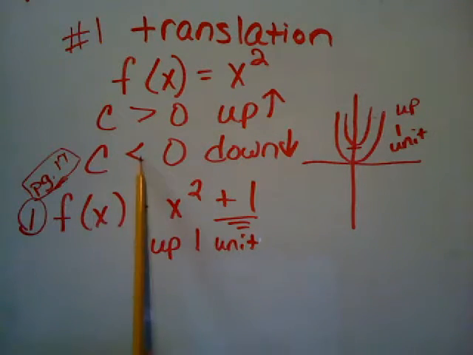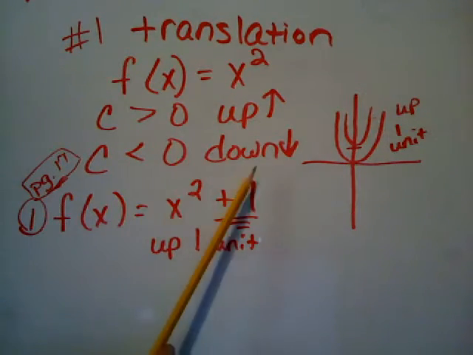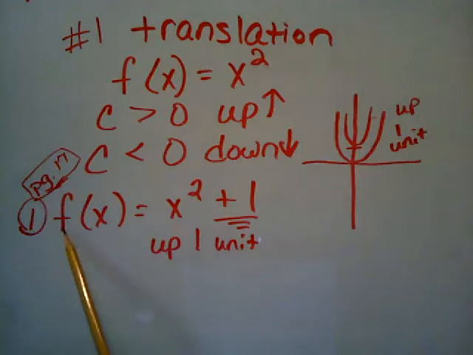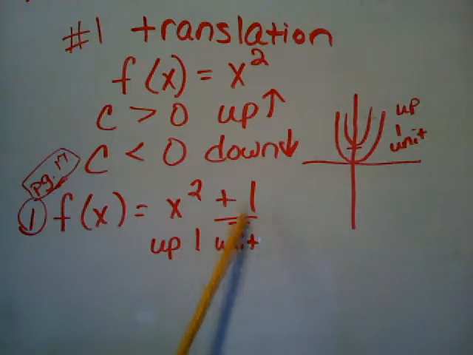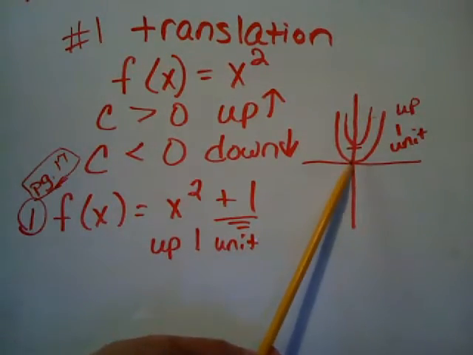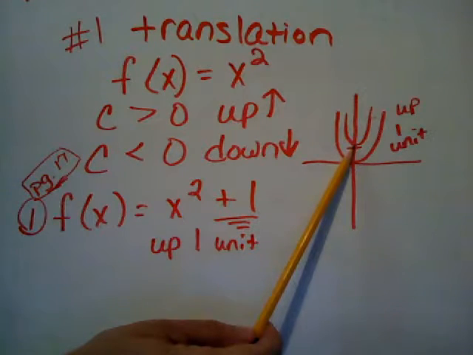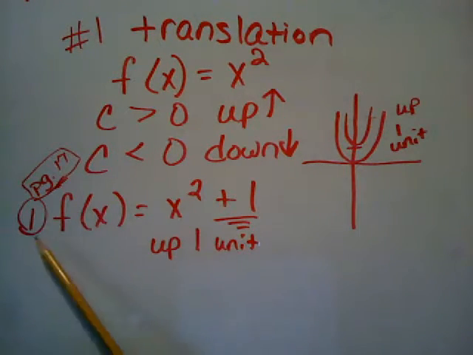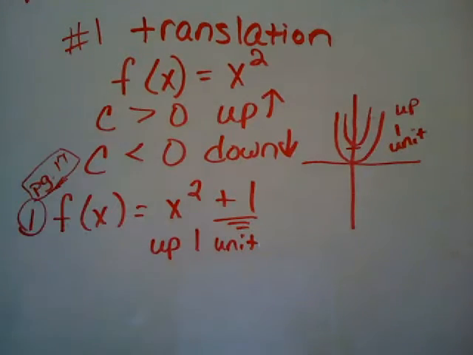If c is less than 0, we're going to move down. So this function, the parent function, x squared plus 1, c is 1, so we're going to move the parabola up 1 unit. And this is number 1 on page 17. So your answer would be that we moved the parent function up 1 unit.